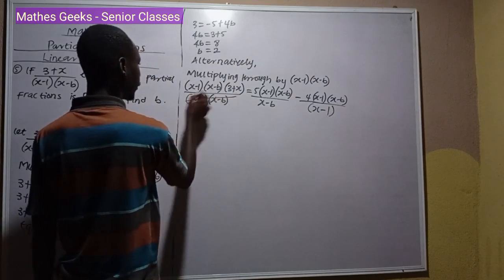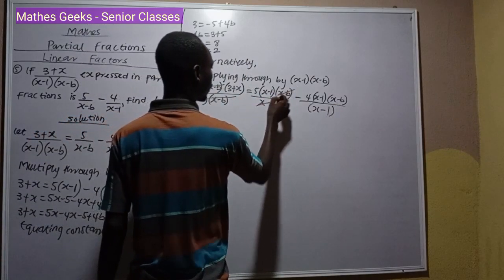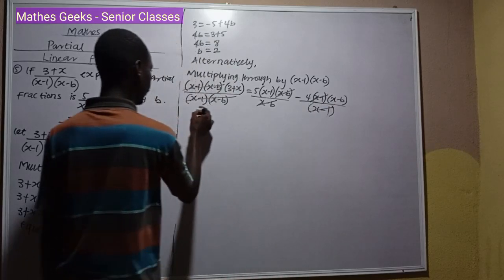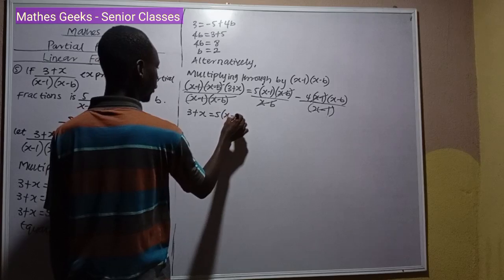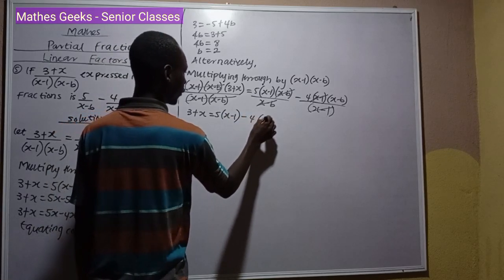Okay, so this will cancel, this will cancel, this will cancel. 2 plus x equals 5x minus 1 minus 4x minus 2.